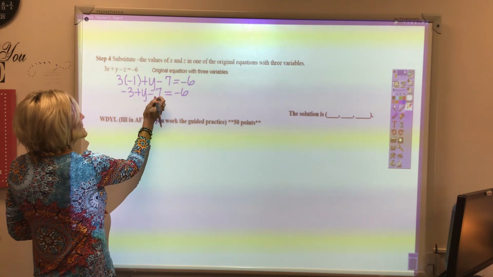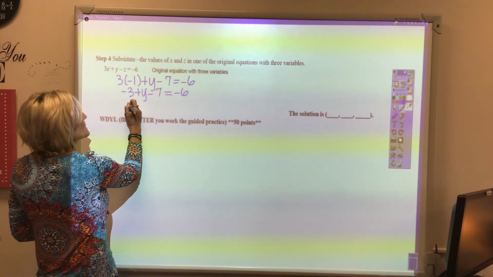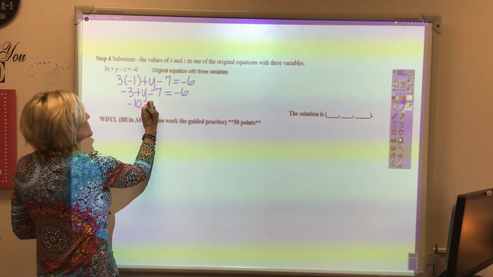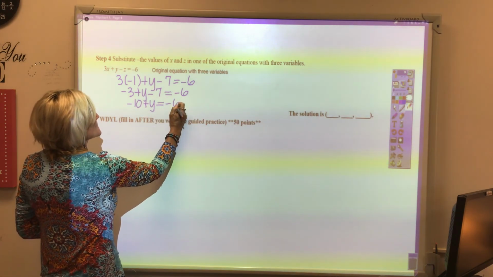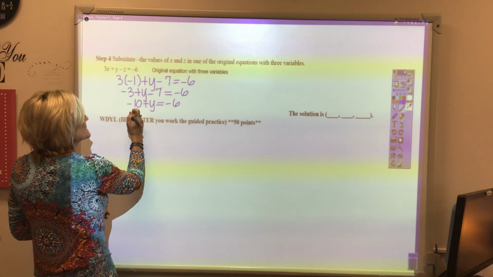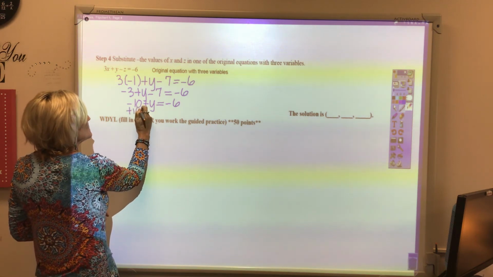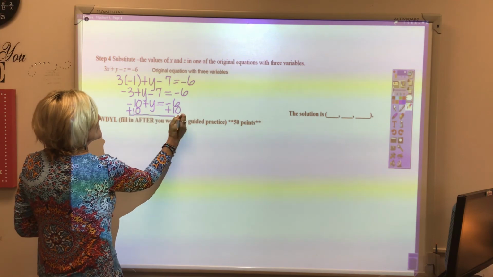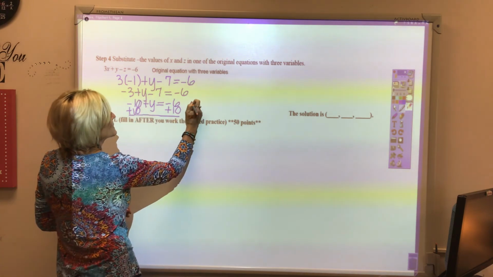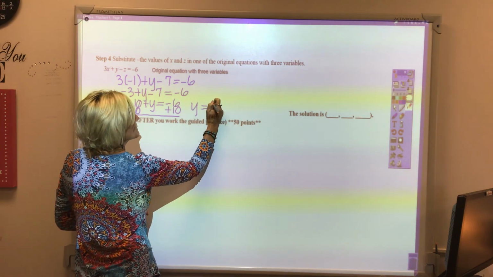Combine the negative 3 and the negative 7 and we'll have negative 10 plus y equals negative 6. Add 10 to both sides. And we see that y is 4.